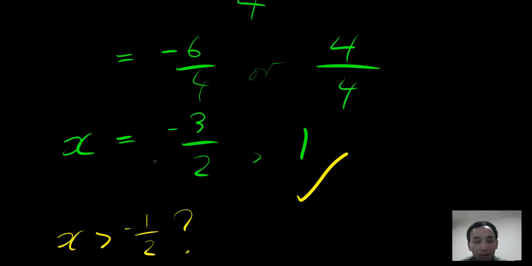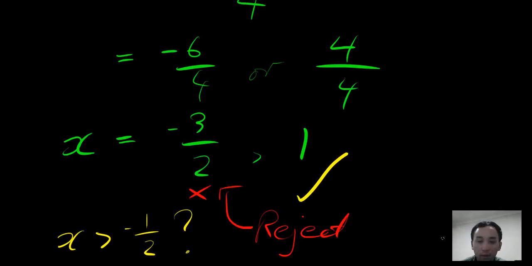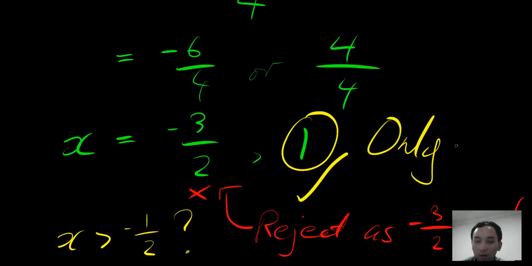So this means that we need to reject this solution, as negative 3 on 2 is less than negative half. So the only solution for this problem is this one here. So only x equals 1 is a viable solution.